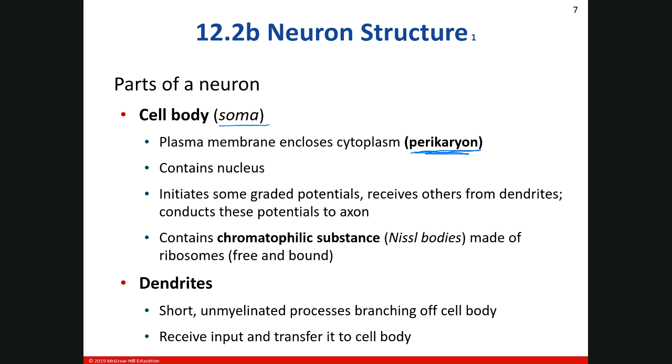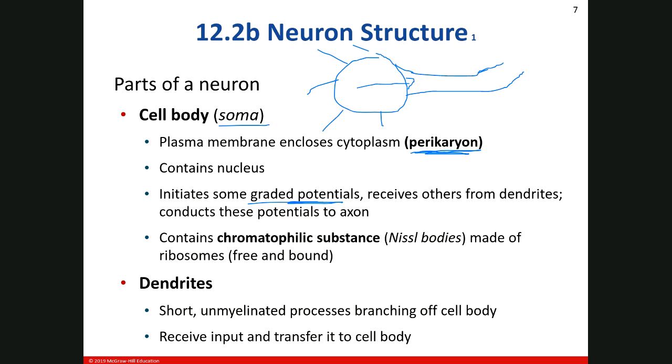So the cell body is the receptive segment of a neuron, which means it's going to get information somehow. We'll learn about what these graded potentials are. But it's going to get information either from a receptor or another cell itself. And then its main goal, if this is the cell body and you've got these dendrites, these processes that come off, and then you've got one big process, which is the axon, our main goal is to get a signal to the axon.